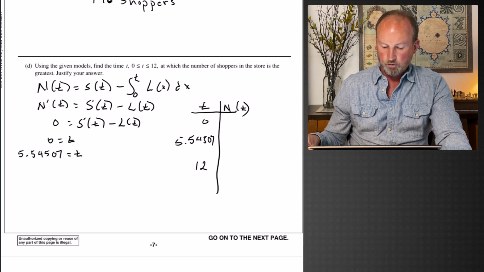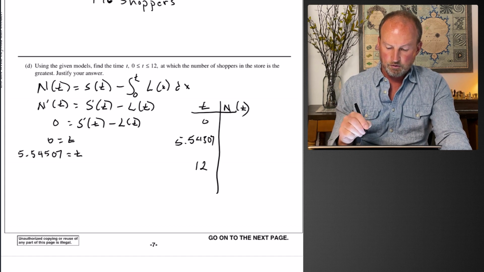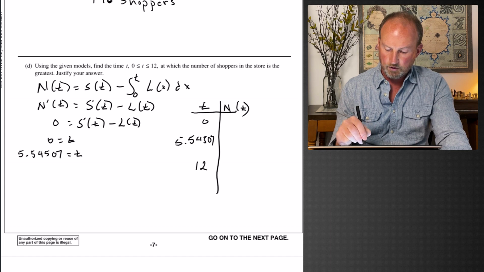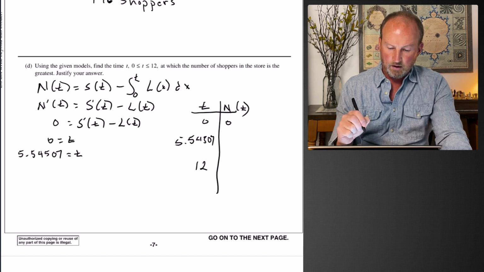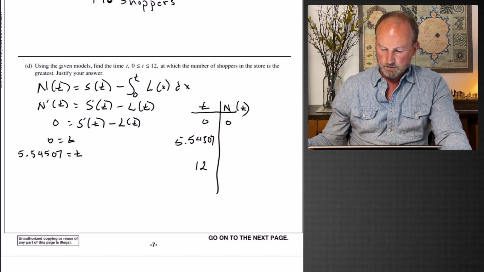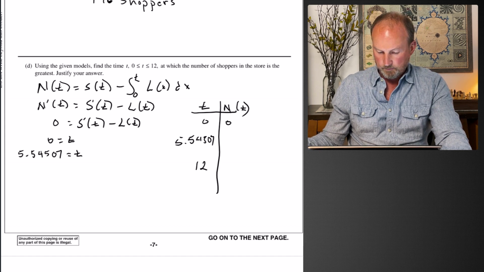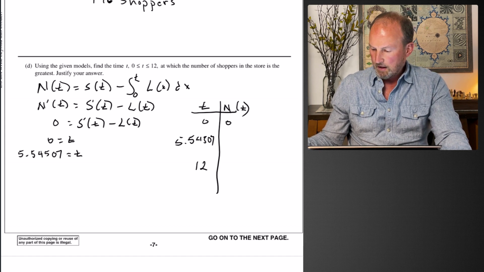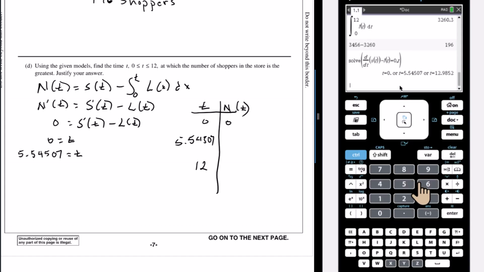Okay, so first one's pretty easy. Integral from 0 to 0 is just 0, and s of 0 we already knew was 0, so first one's 0. And 12, so I want s of 12. Nope, s prime. No, it was s of 12. I said it right the first time. So s of 12.